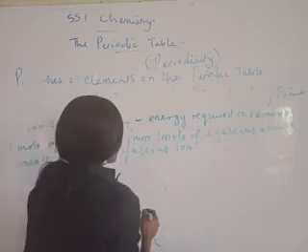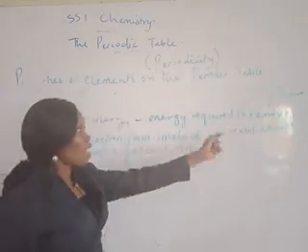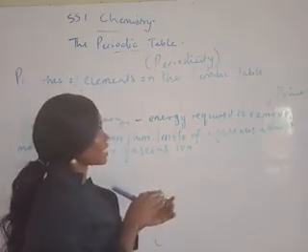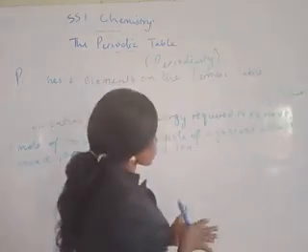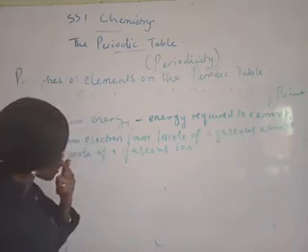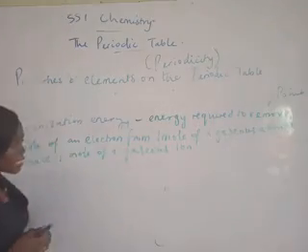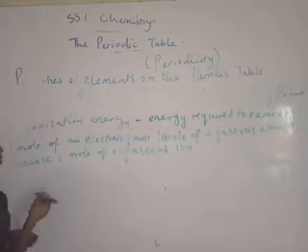The energy that is required, that means for ionization energy, energy that is utilized to remove 1 mole of an electron from 1 mole of a gaseous atom to produce 1 mole of a gaseous ion. We can express this with an equation. Let's say we have something like this.